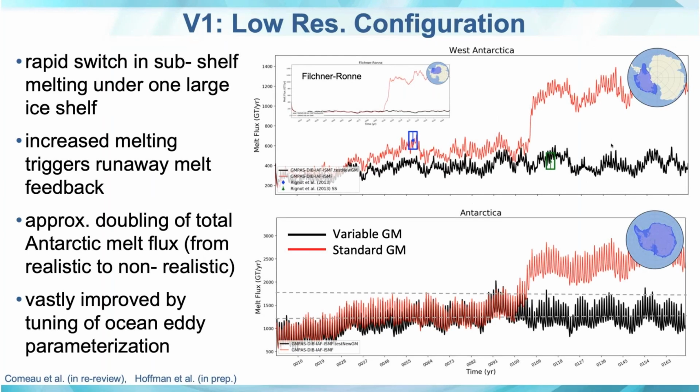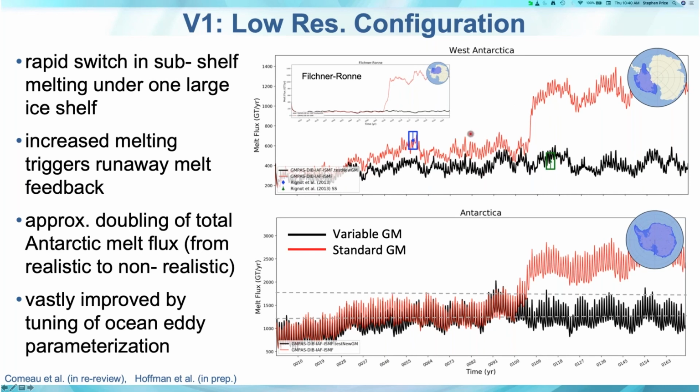As a reminder of where we were, we're at the end of version 1. Our goal there was to get realistic sub-ice shelf melt rates around Antarctica using a low resolution configuration. We had a persistent problem where an instability would be initiated in some ice shelves that would lead to a rapid doubling or quadrupling of melt.